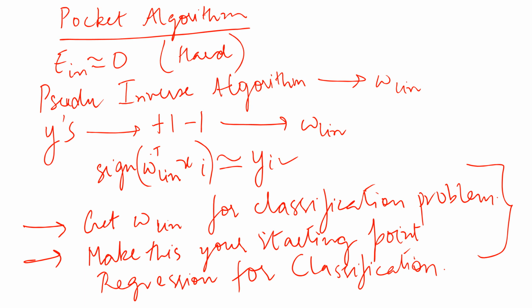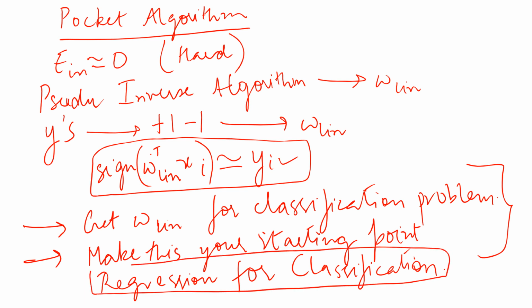Because it's a classification problem, although we can directly apply this, it would obviously be a good starting point for the pocket algorithm, because we know that we have achieved E_in close to 0, if not exactly 0. And this regression for classification algorithm has been known to work really well in practice.